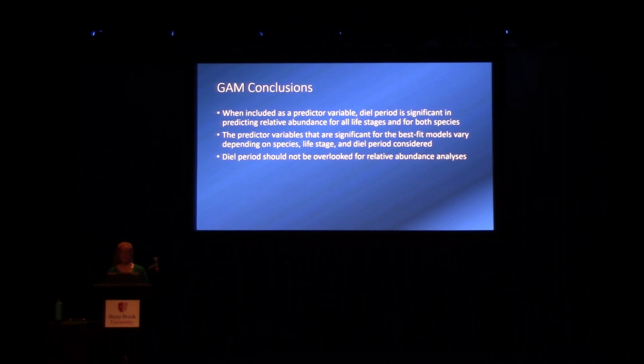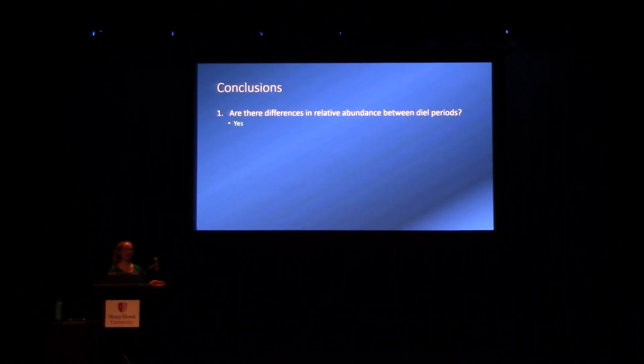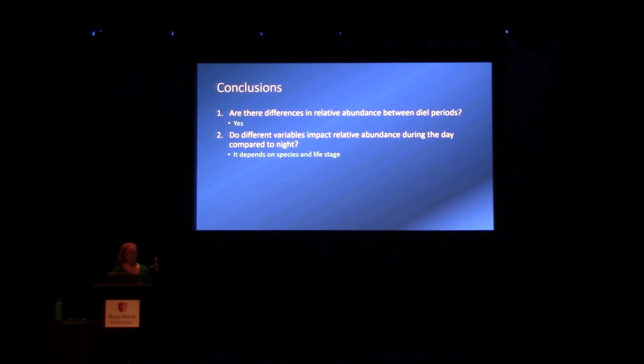So back to those questions that I had at the beginning. That first question of, is there a difference in relative abundance using data from daytime versus nighttime catches? Yes. Do different variables impact abundance during the day compared to at night? This depends on what you're looking at.